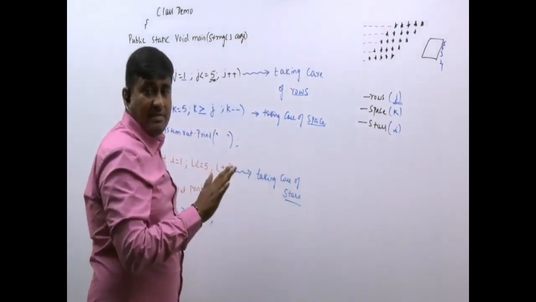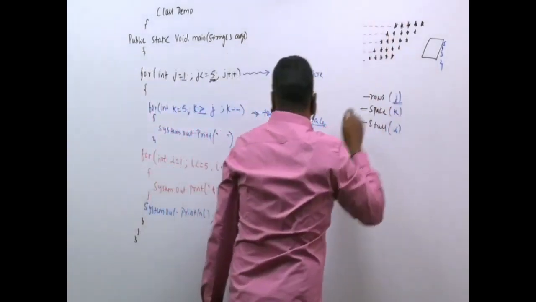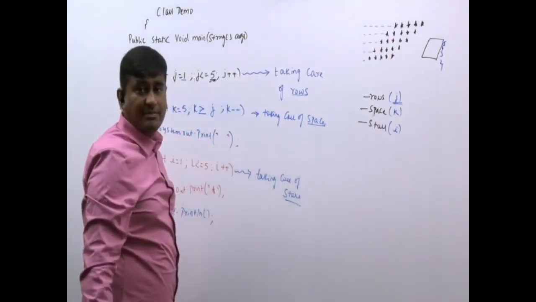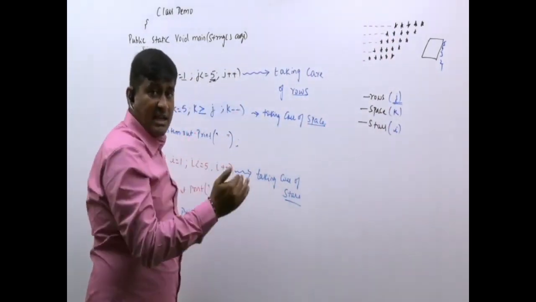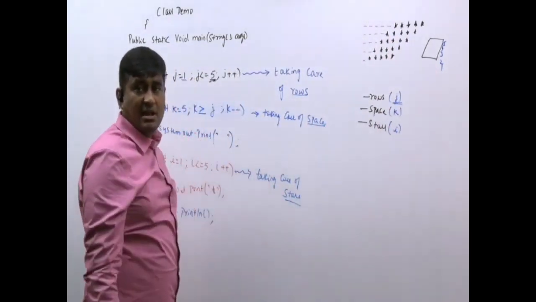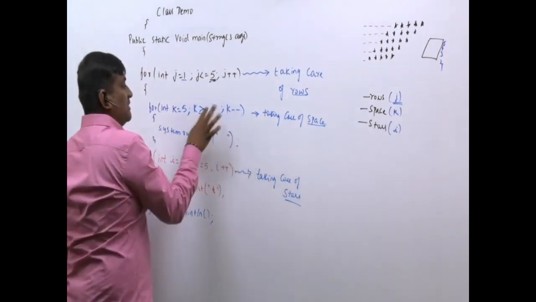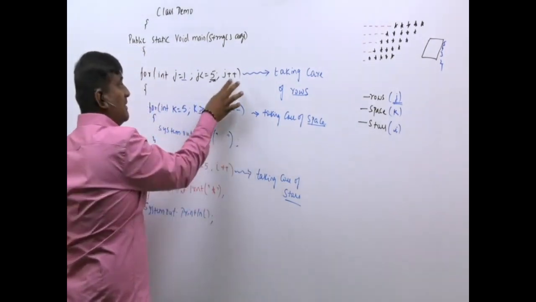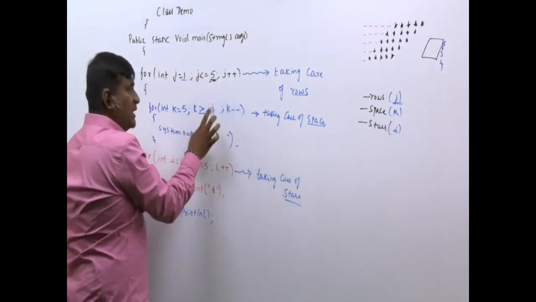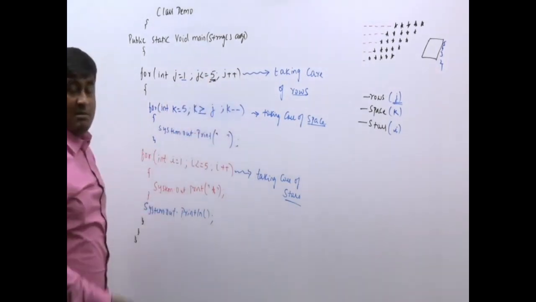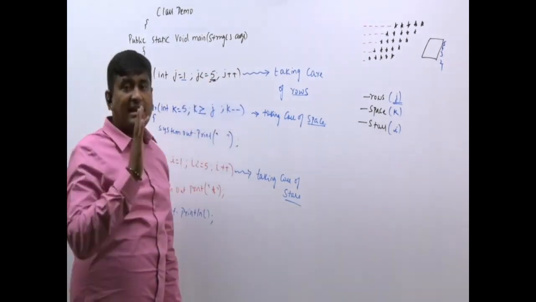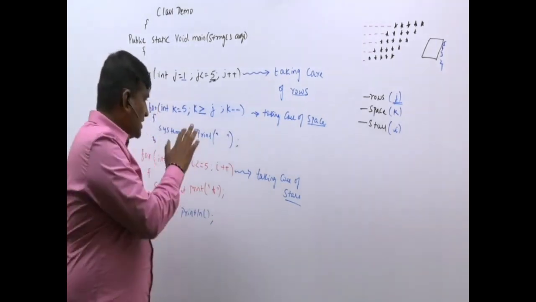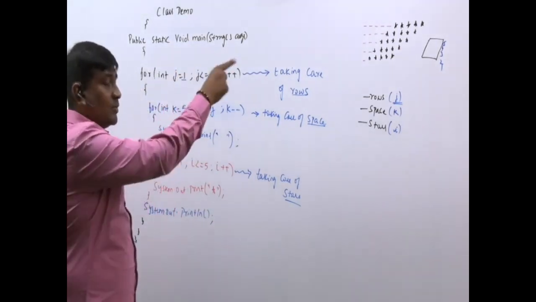Increasing or decreasing? If it is decreasing, write it as minus minus. If it is increasing, write it as plus plus. Always remember, minus minus means greater than or equal to, plus plus means less than or equal to. Simply compare with rows, that's all. Maybe in the next program you will get the complete clarity. This much if I write, that will be the output.